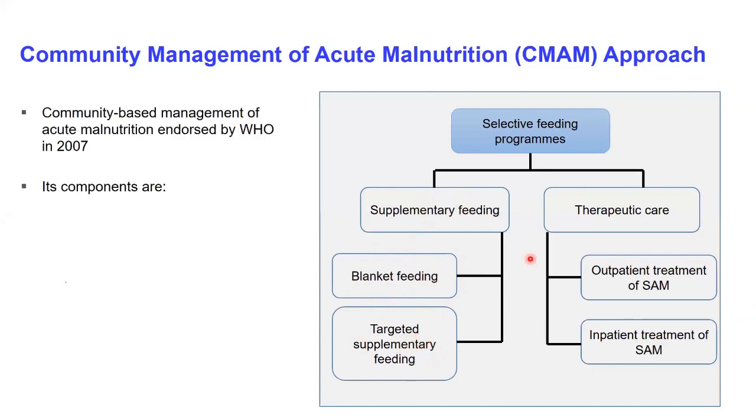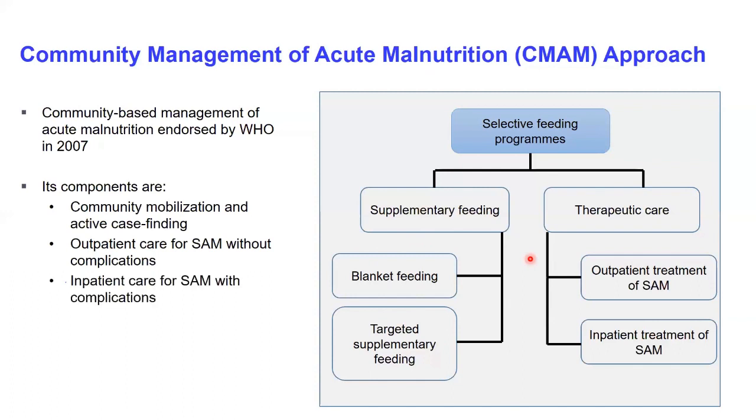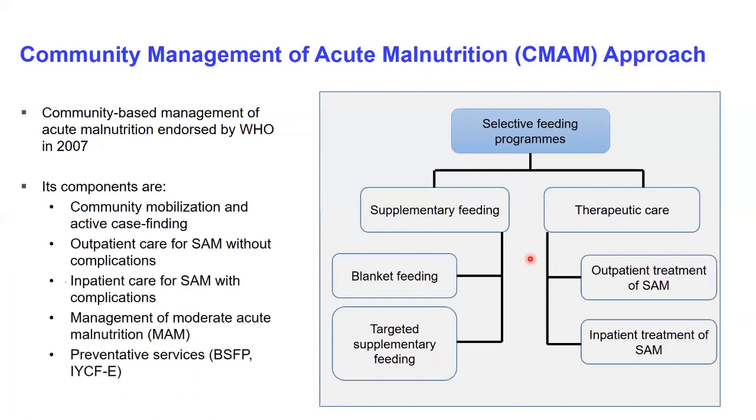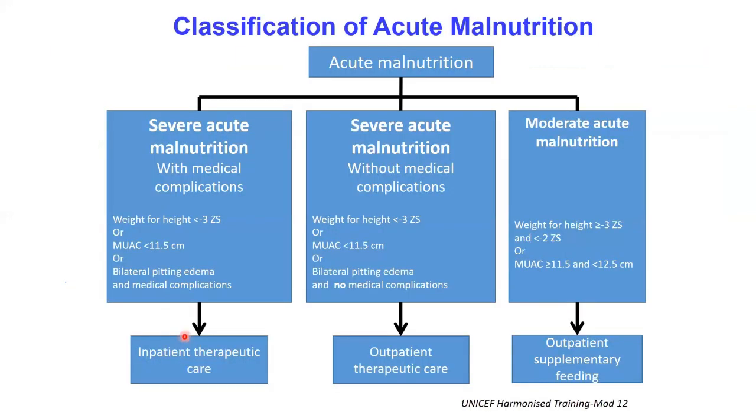This is what I've already explained, which was endorsed by WHO in 2007. We also add IYCF, infant and young child feeding. And this is what I've alluded to in terms of how we classify acute malnutrition. We classify a child with normal nutrition, then a child with moderate malnutrition.